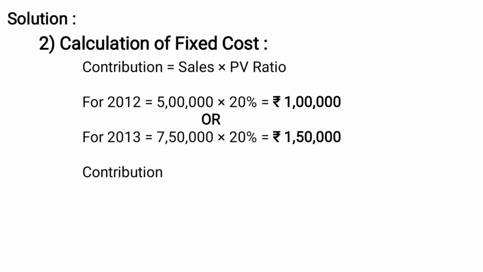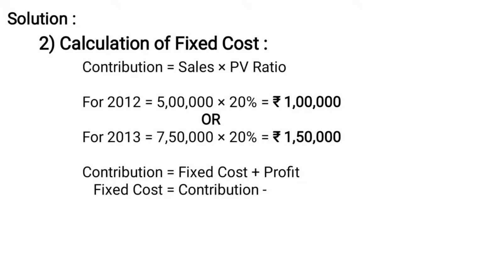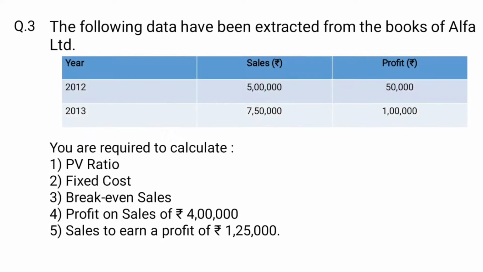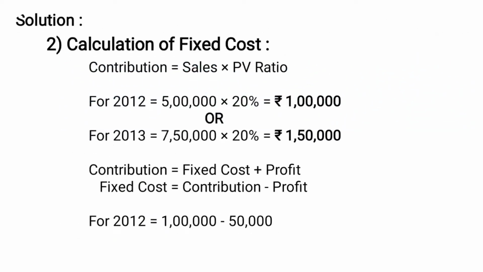So contribution is equal to fixed cost plus profit. So fixed cost is equal to contribution minus profit. For 2012, contribution amount is rupees 1 lakh minus profit. So profit amount is given as 50,000 for 2012, which will be equal to rupees 50,000.